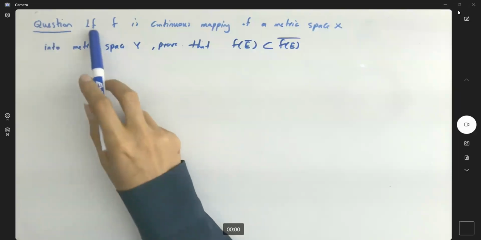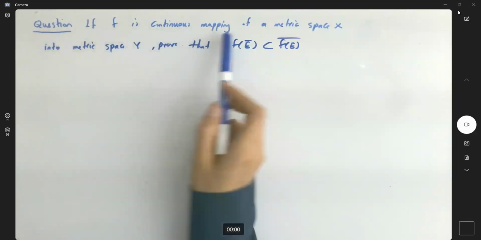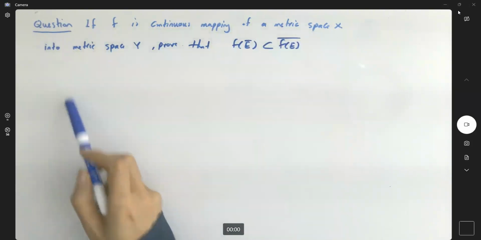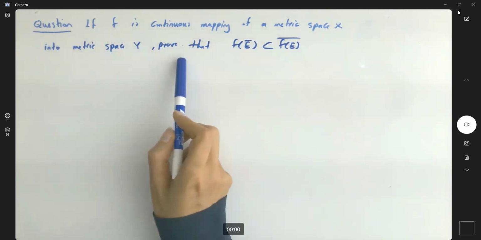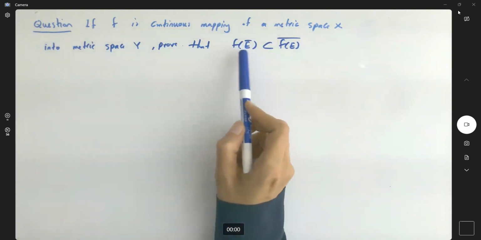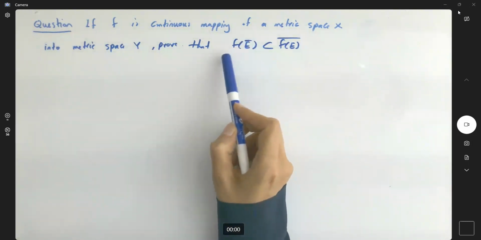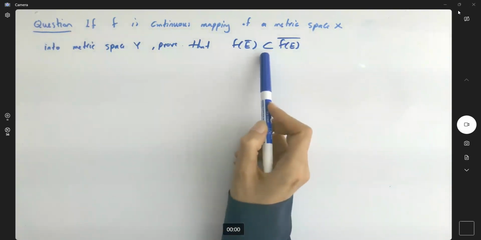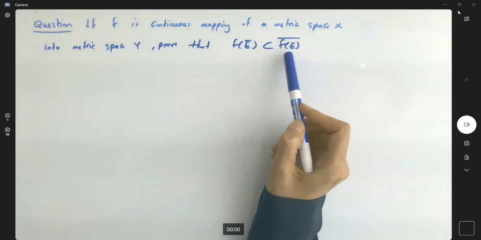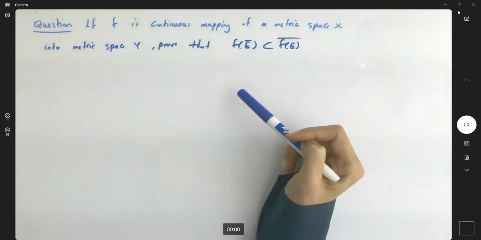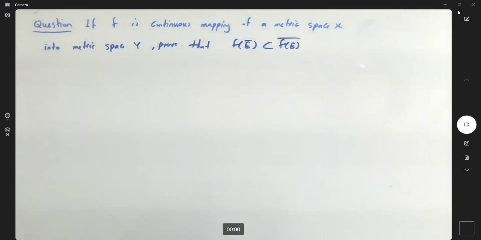Next question. If f is a continuous mapping of a metric space X into another metric space Y, prove that the image of the closure of E under f is included in the closure of the image of E under f. So recall that.